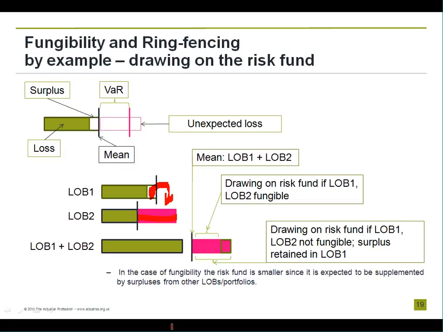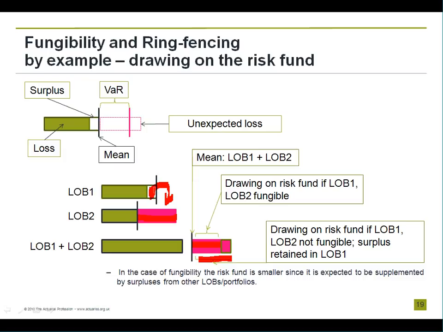As a result, what comes out of the risk fund is only this whole pink amount minus this surplus, which you obtain from this LOB. Because surpluses are shareable, you get full fungibility.